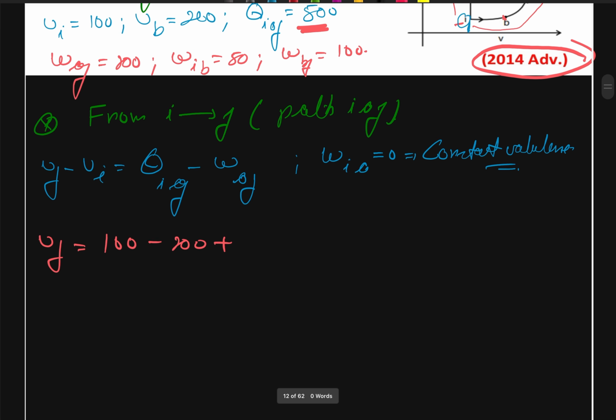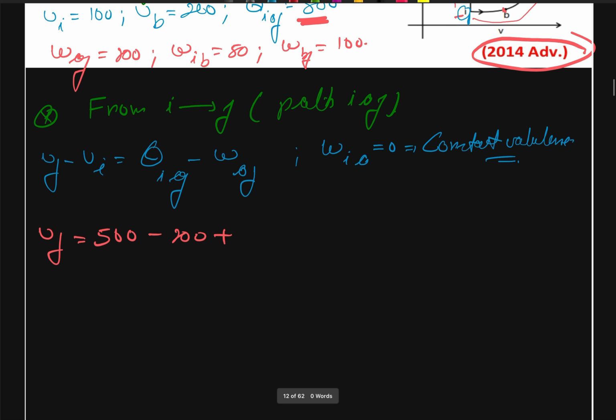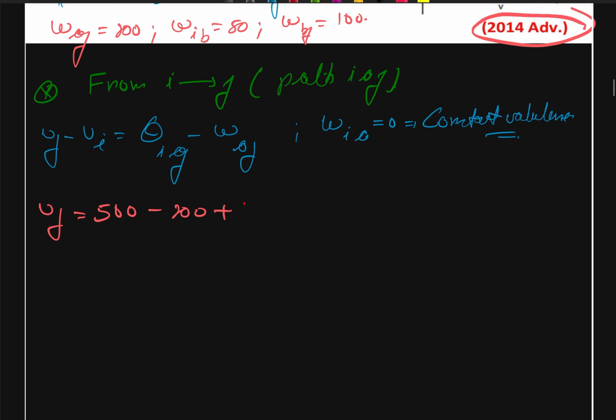So here this will go 500 minus 200, and UI is 100, so this comes as plus 100. So we can say that our energy at final will be 400 joules.